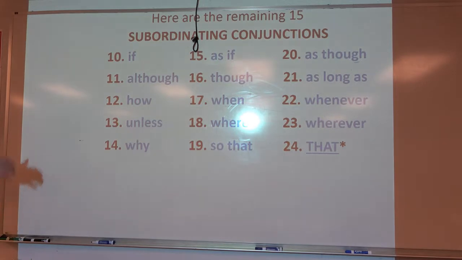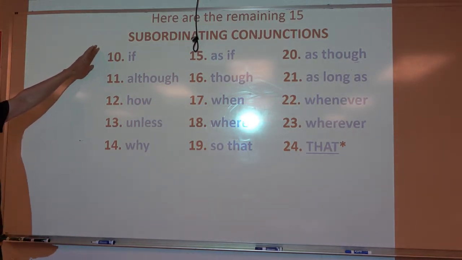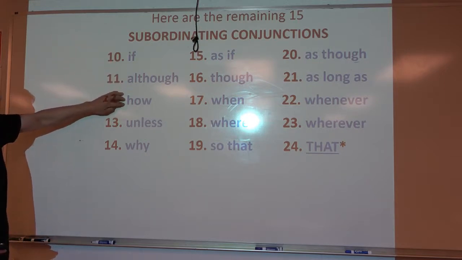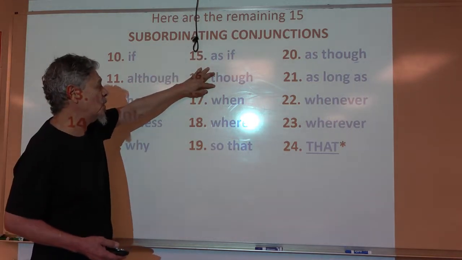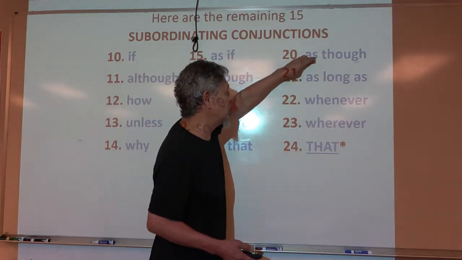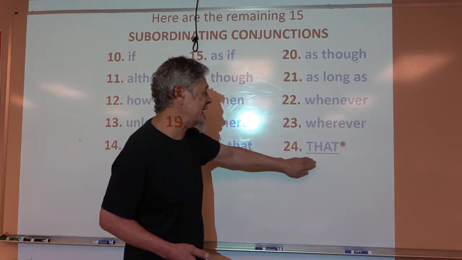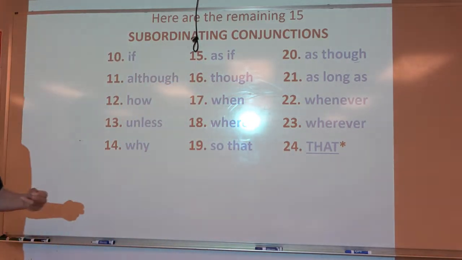All right. Now, these are the 15: if, although, how, unless, why, as if, though, when, where, so that, as though, as long as, whenever, wherever, and that. And I'll be talking about this one a little bit more.